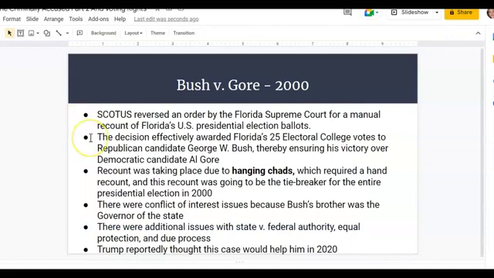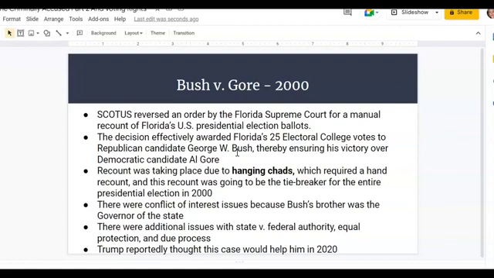The first one is the Bush v. Gore case that happened in the year 2000. And this case is one that conservatives loved, and it's one that on its face seems to contradict the independent state legislature theory. But in any case, this is the very famous case that gave George W. Bush the election and made him prevail over Al Gore.